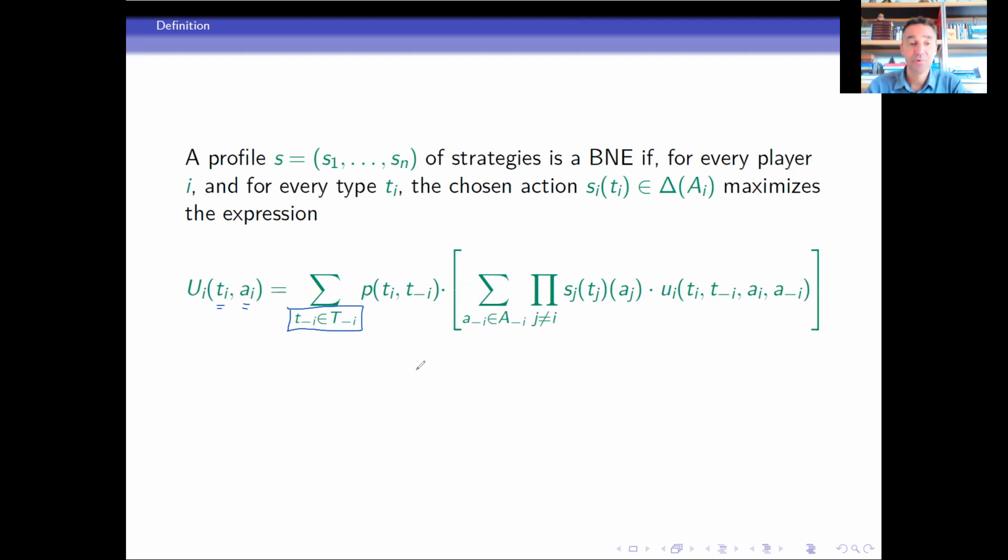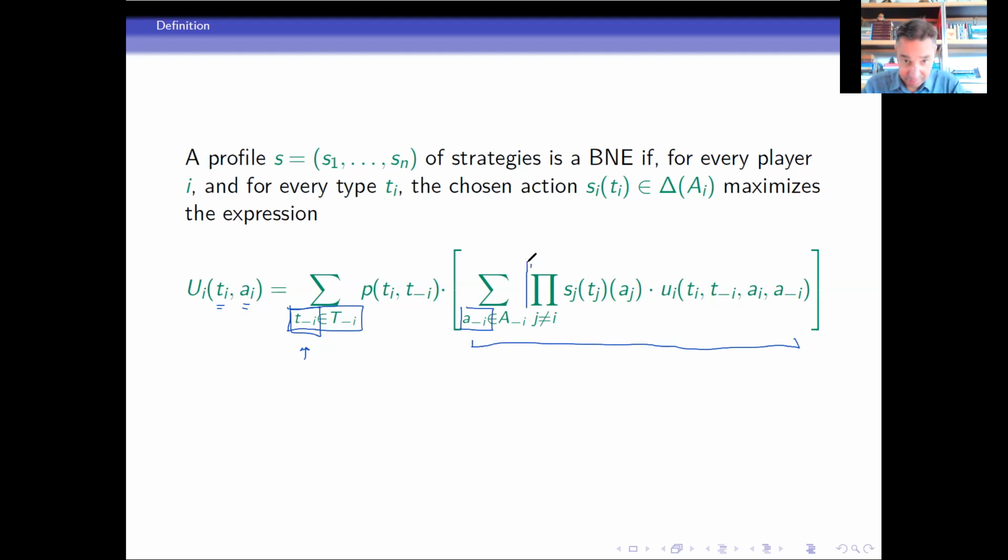And how is that computed? Well, you take a realization t_{-i} for your opponents, and given that t_{-i}, you can compute this quantity over here. What is this saying? If this is the realized type t_{-i}, then you can look at an action profile. So you also say, well, player j plays a_j.